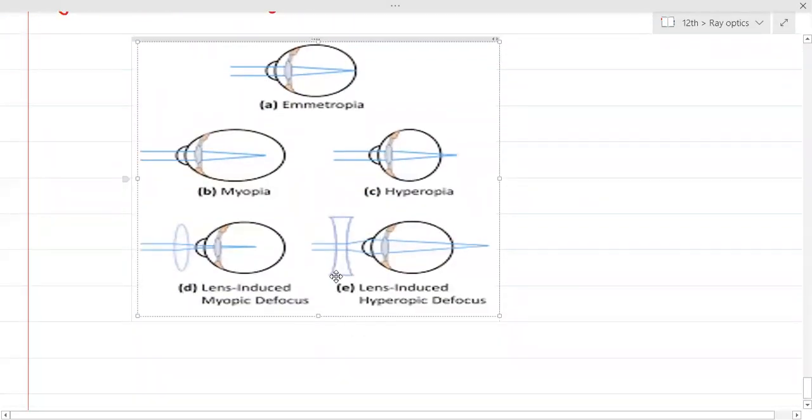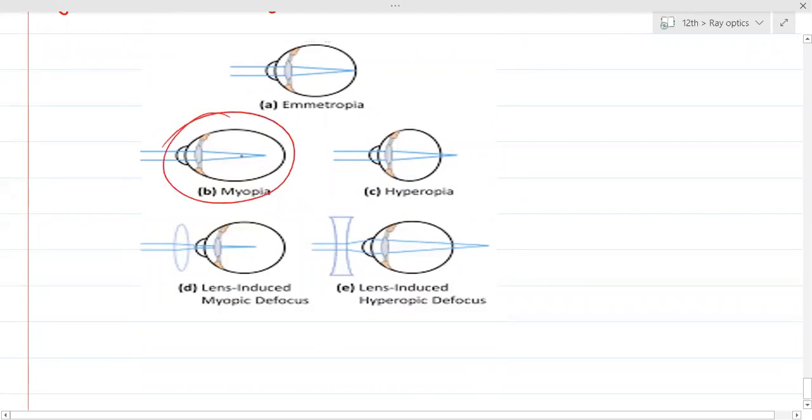This is myopia, it's clearly shown here. Without the lens, the image will be formed in front of the retina.